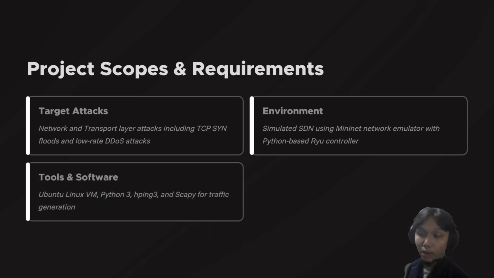For the tools and software, we will simulate in an Ubuntu virtual machine, the code will use Python 3, and the attacks will use hping3 and Scapy, which will simulate the attack in the VM.